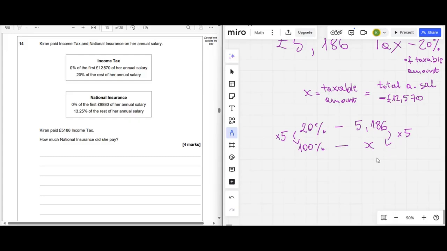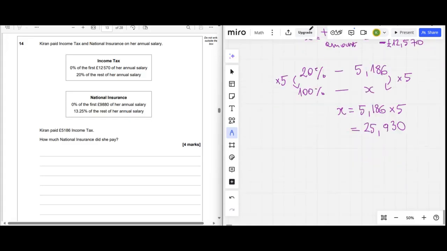That's it. So our taxable amount will be 5,186 times 5, so 25,930. This is the taxable amount.